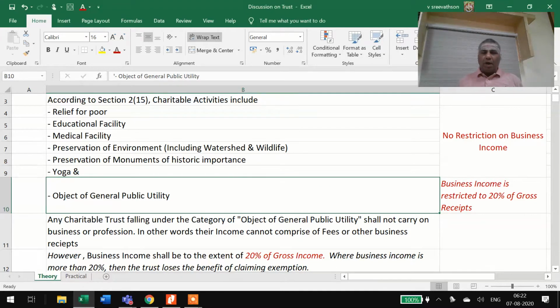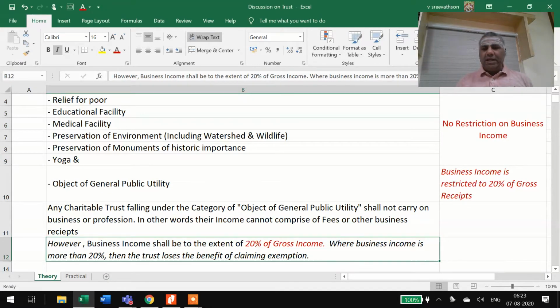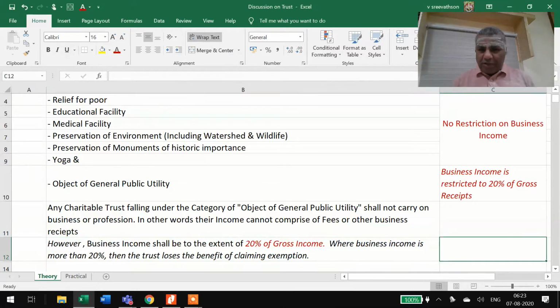And the other one is based upon a restriction that their business income cannot exceed 20% of gross receipts. That is object of general public utility. That is, it will fall under that particular category where the business income cannot exceed 20%. Where it exceeds, then the trust loses the benefit of exemption.